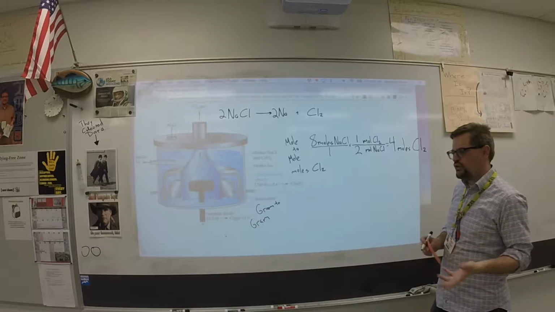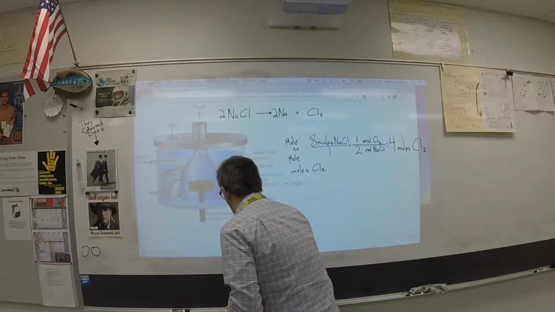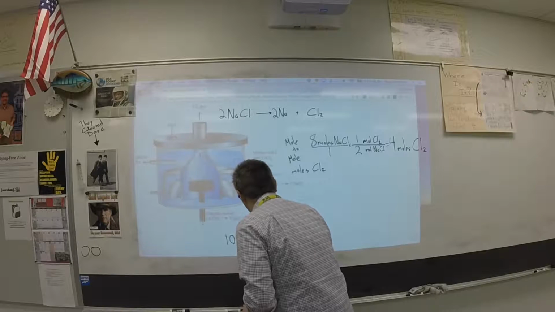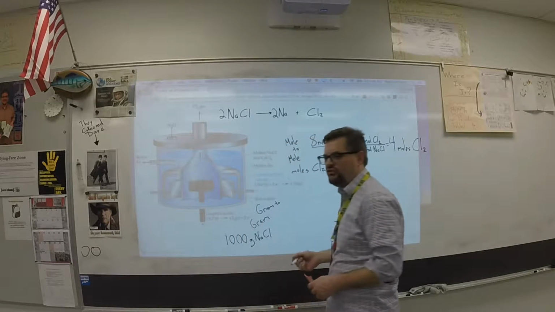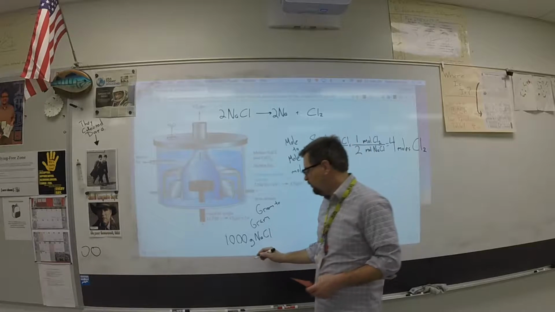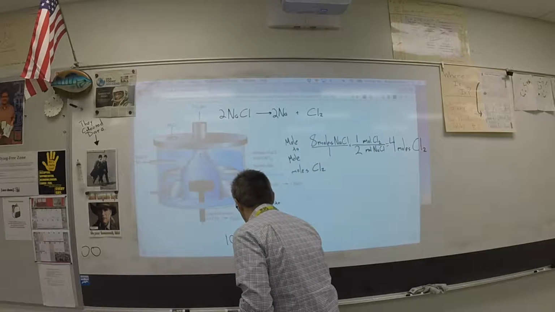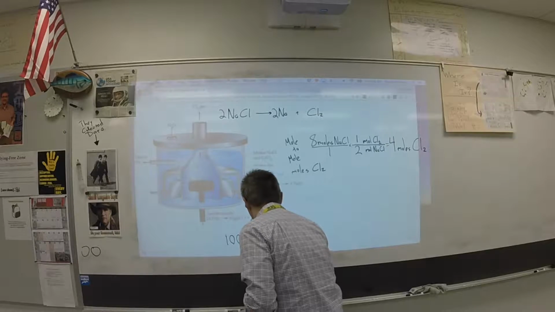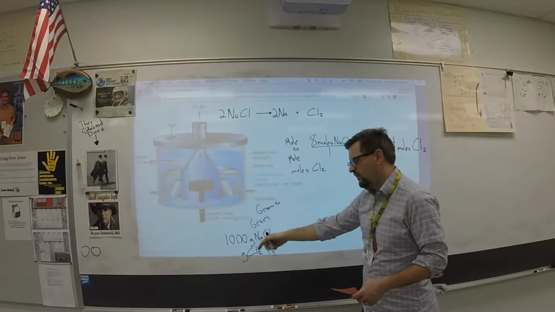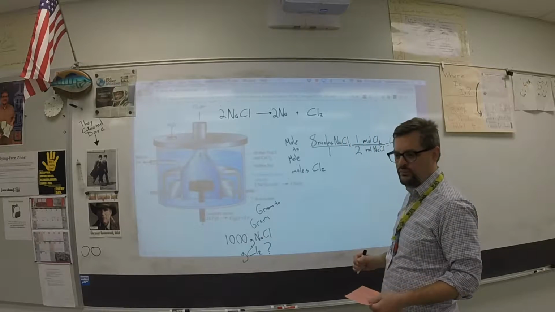Now for grams to grams, imagine that we have 1,000 grams, 1 kilogram, about 2.5 pounds of sodium chloride. And I want to know how many grams of Cl2 we're going to get out of the reaction if we put in 1,000 grams of sodium chloride.